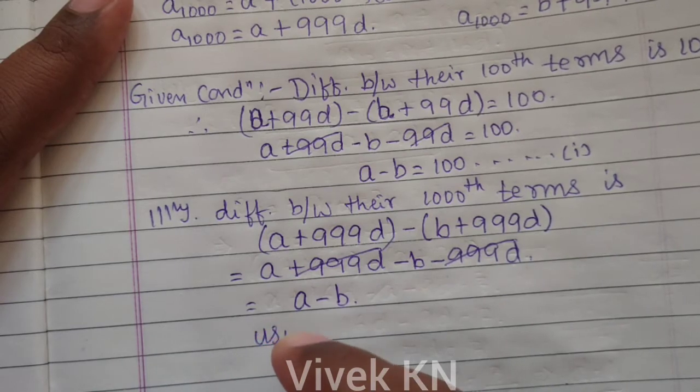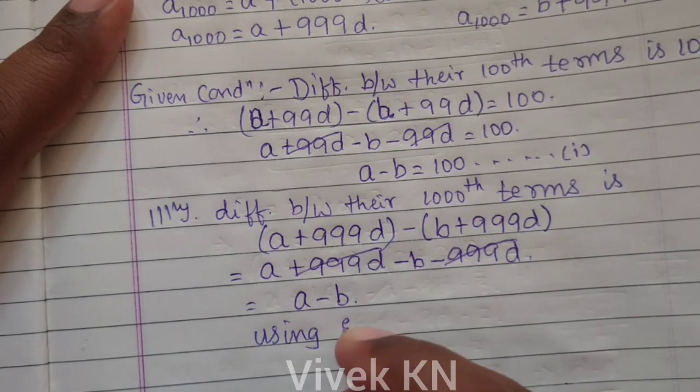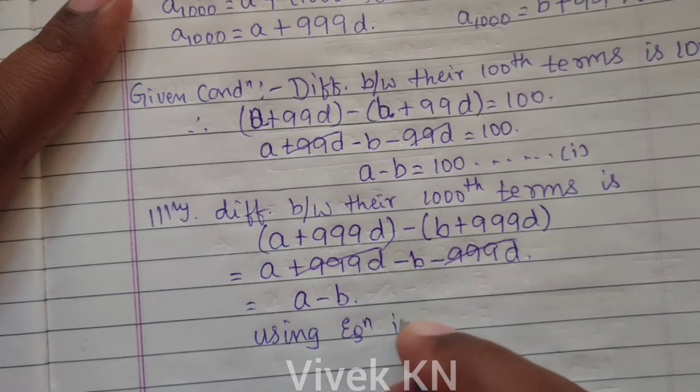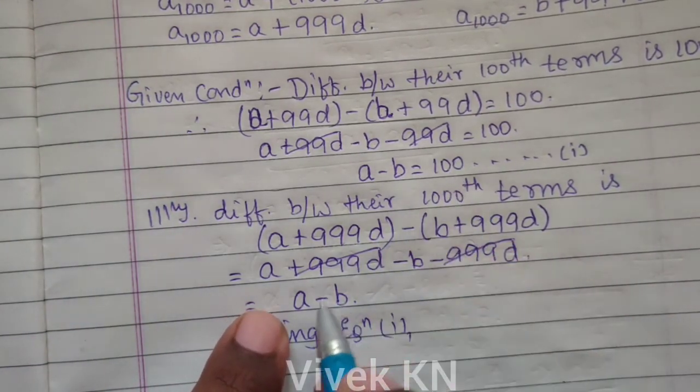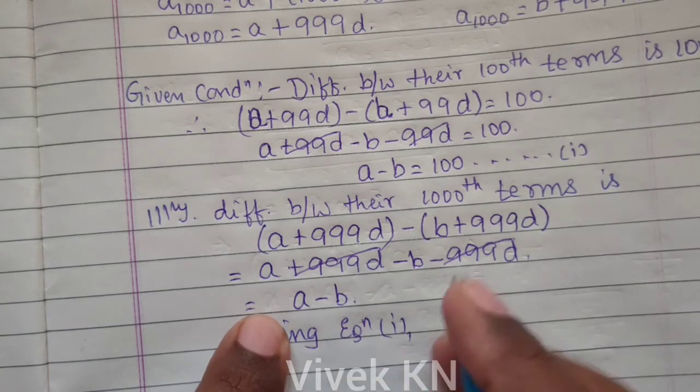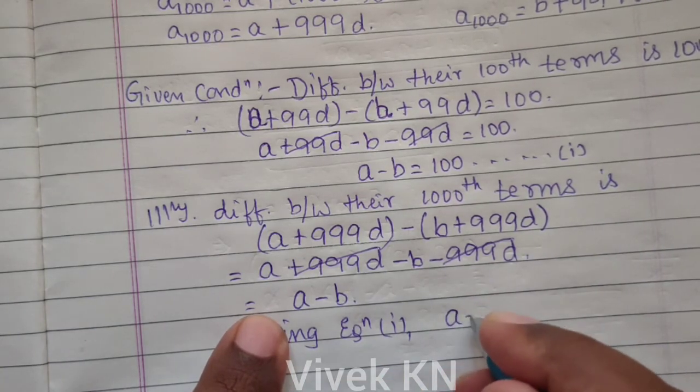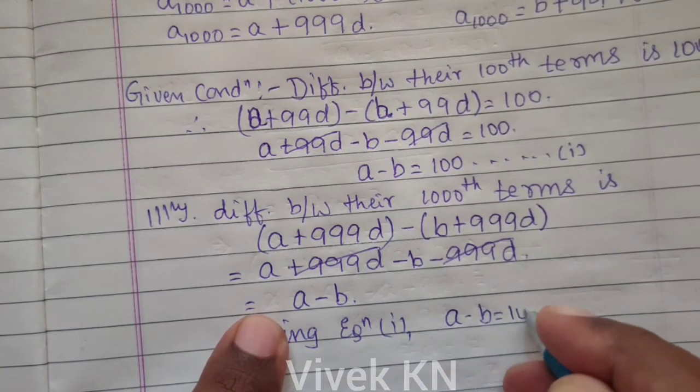Using equation 1, here A minus B is equal to 100. Therefore, this A minus B is also equal to 100.